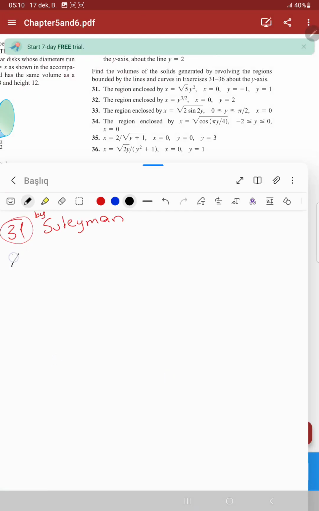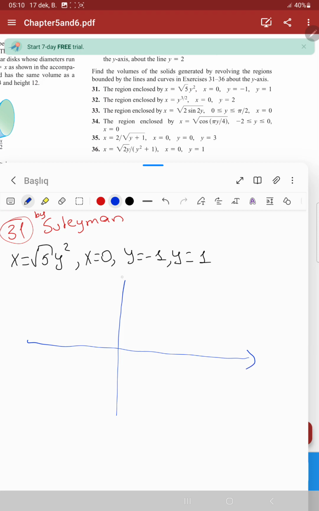What do we have? x equals 0, y equals minus 1, y equals 1. What you will do is just draw what is given. Let's do it. Draw what you have. y equals minus 1, where is that?